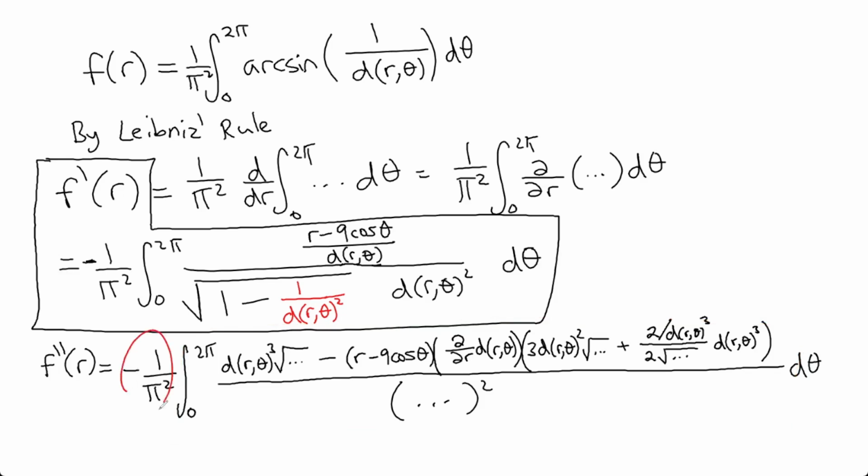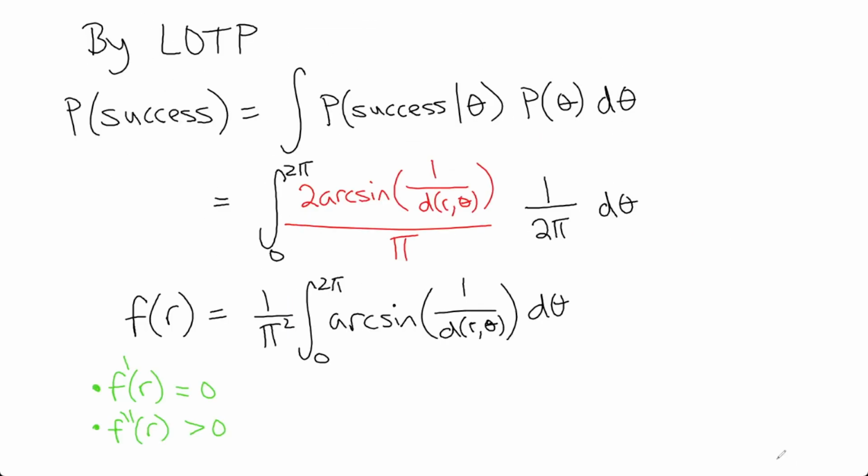And then when we multiply by this negative quantity, it will become greater than or equal to 0, always, for all values of r. And that would help us achieve this goal, this condition for a point being a minimum on a function.